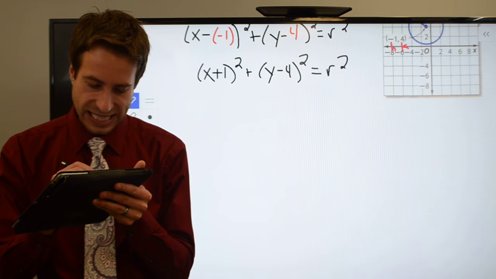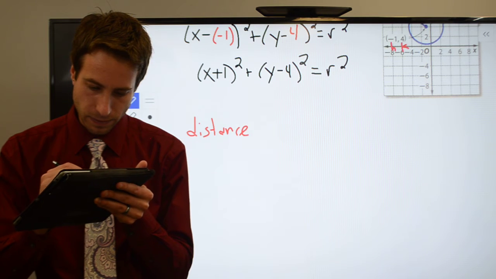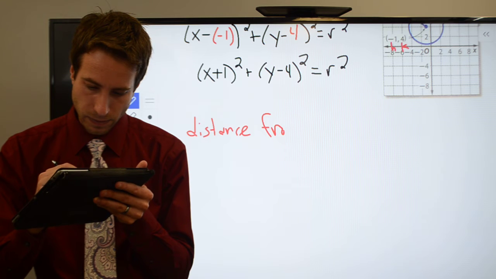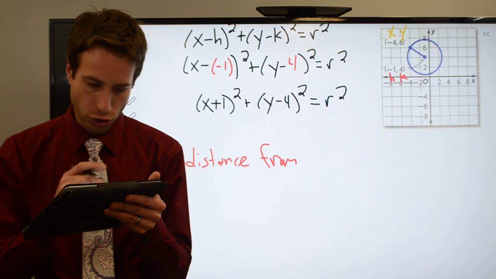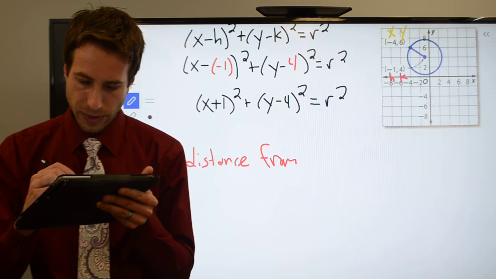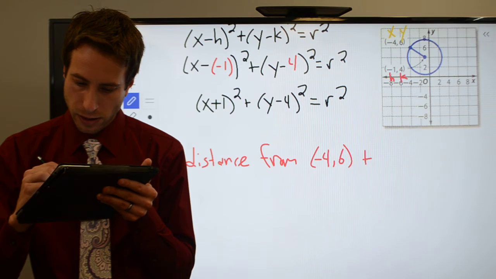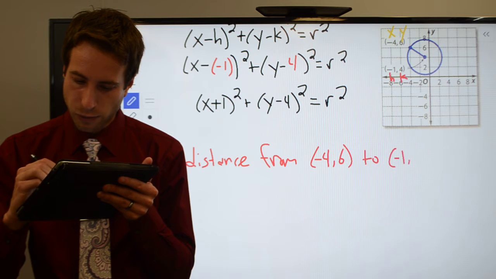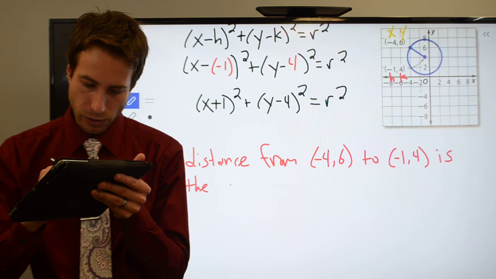We know that the distance from negative 4, 6 to negative 1, 4 is the radius.